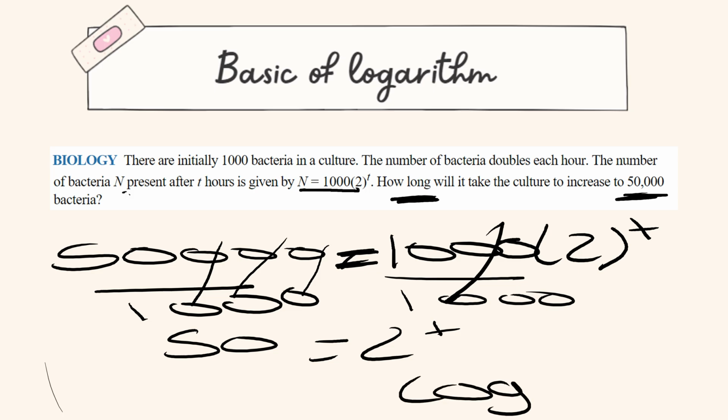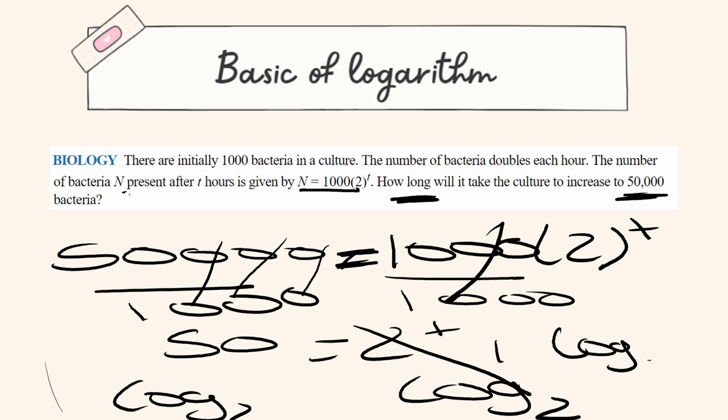We will take log to the base 2, so we can cancel the 2, which would give us 1, log to the base 2. So the answer would be log base 2 of 50 equals t, which if you put in your calculator would give you 5.6. So the answer is 5.6.